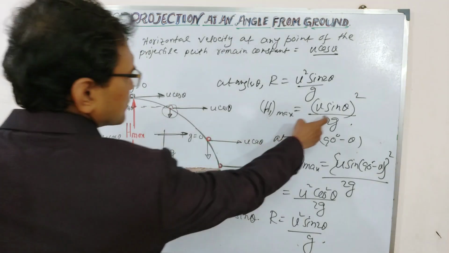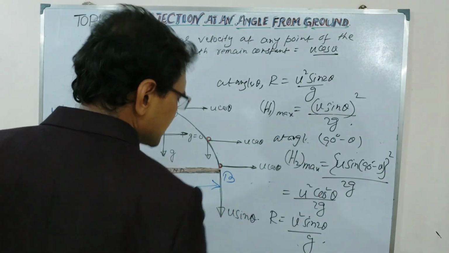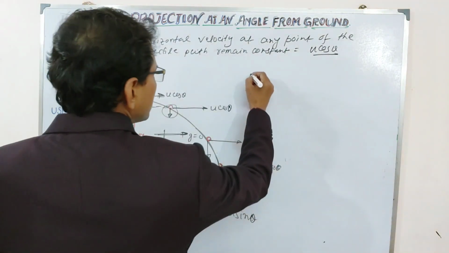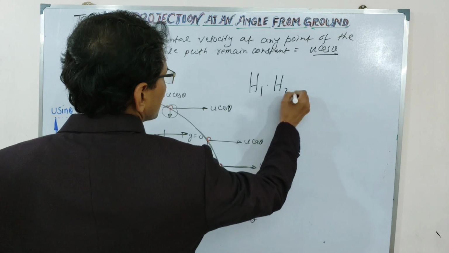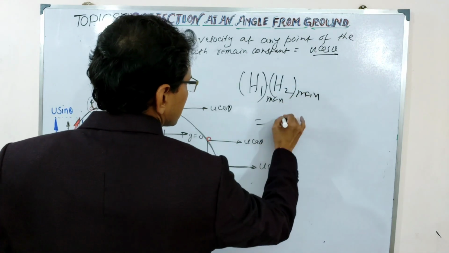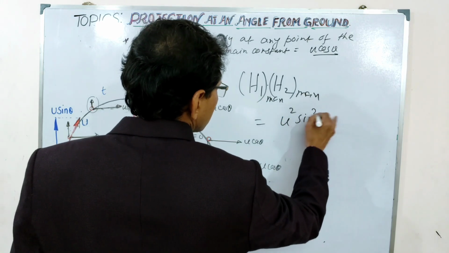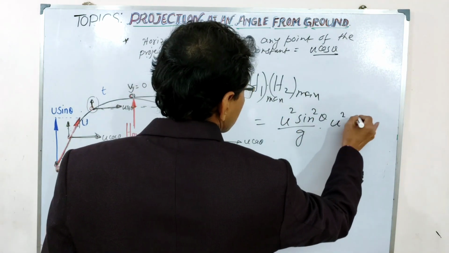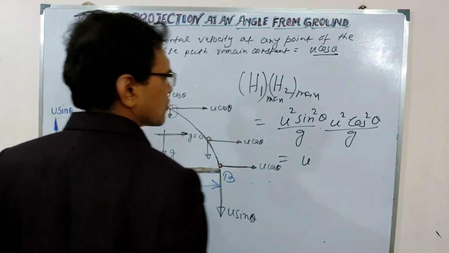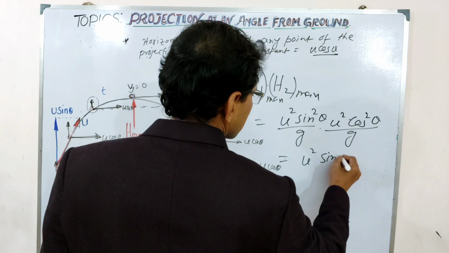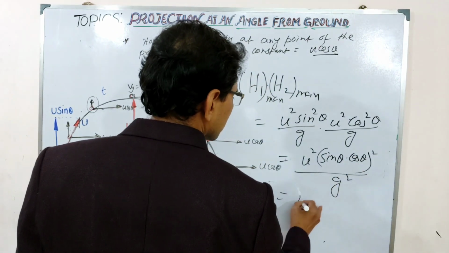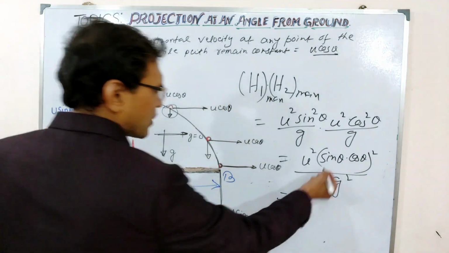So if we multiply h1 into h2, what happens? This is u square sin square theta by 2g into u square cos square theta by 2g.